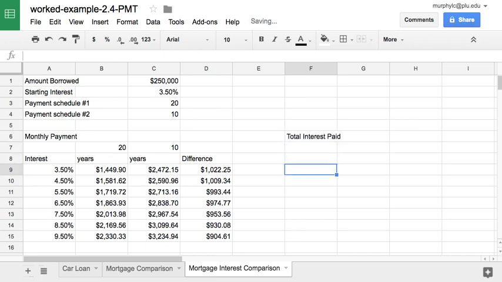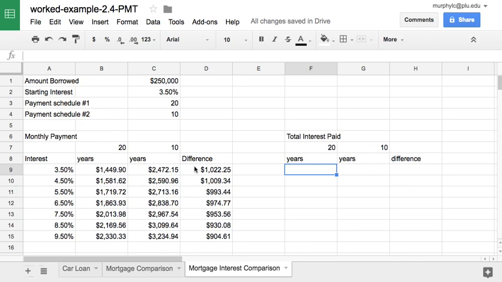And that is, again, I'm going to compare the 20-year and the 10-year mortgages, or whatever I change those to. And I want this to say years and years still. And then, years, difference.